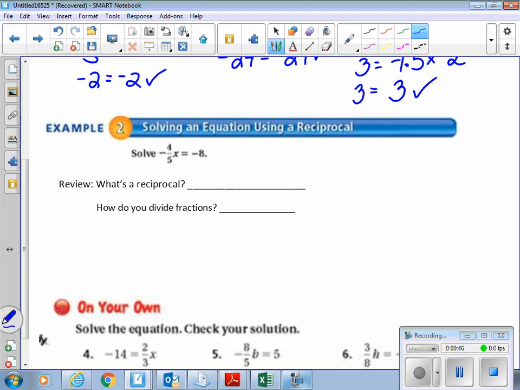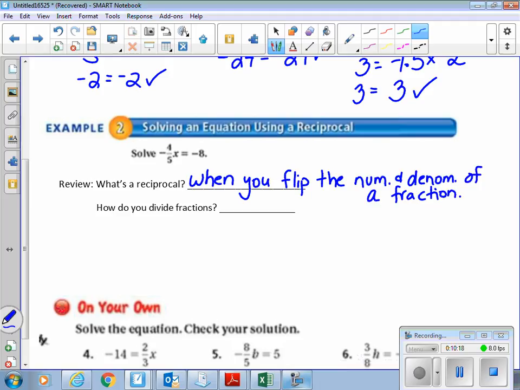So just to remind you, what's a reciprocal? Remember, when we're talking about fractions, when you have a reciprocal of a fraction, you flip that fraction. So a reciprocal is when you flip the numerator and denominator of a fraction.